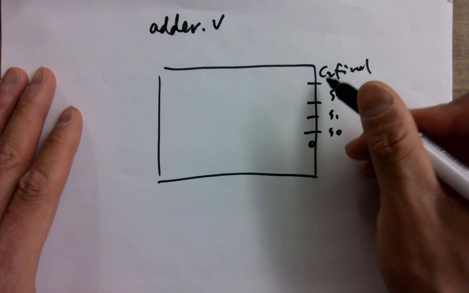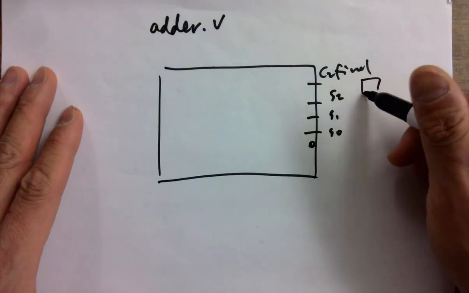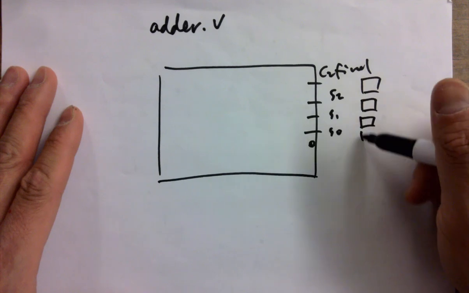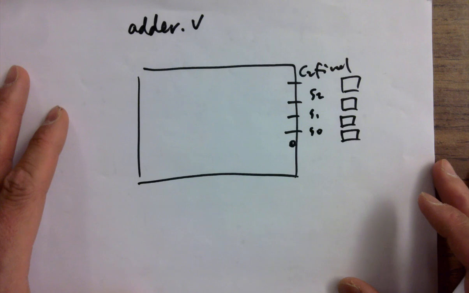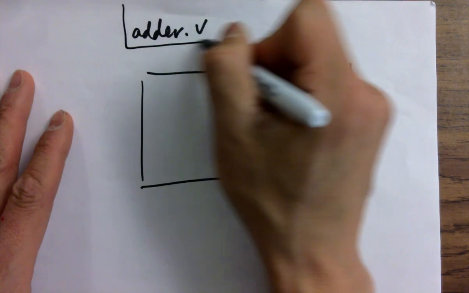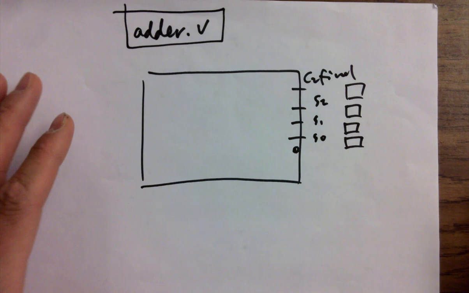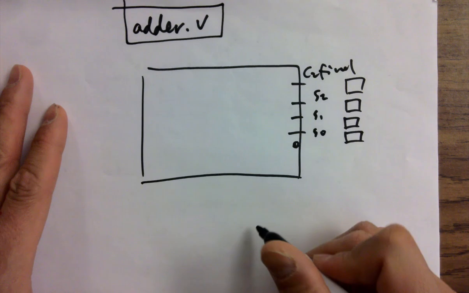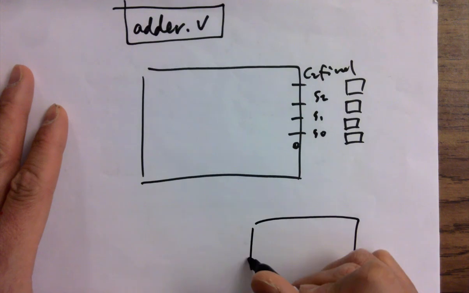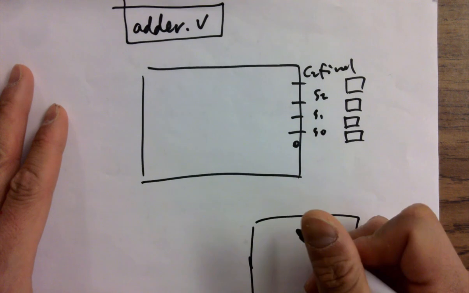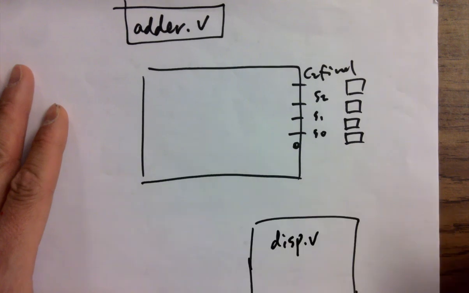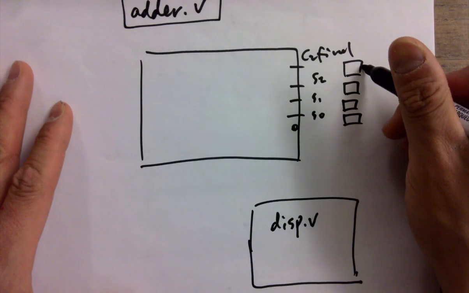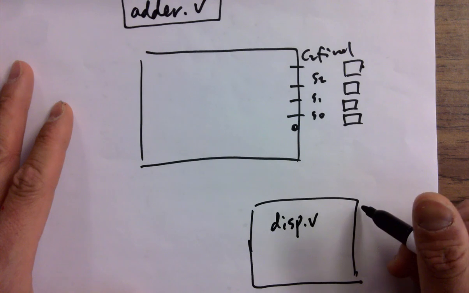And that final result will be a 4-bit binary number. And then this one is connected to a display module, which is a 7-segment display. It's a decoder. Let's call it display module. So it takes in the 4 bits.